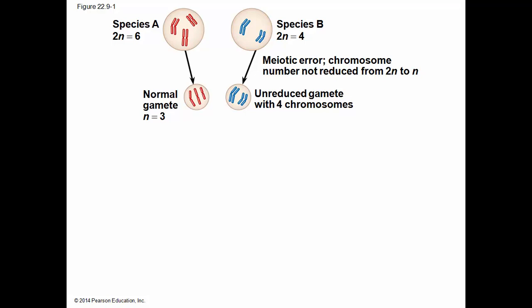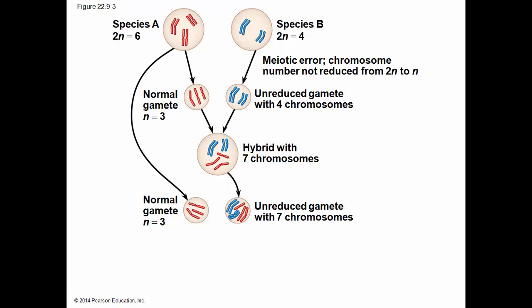A meiotic error: chromosome number does not reduce from 2N to N. So the unreduced gamete has 4 chromosomes, and the normal gamete has 3 chromosomes. And you can't join these two together and produce viable offspring because they'll have 7 chromosomes. It has to be an even number to produce a viable offspring. Okay, so a hybrid with 7 chromosomes is not viable.